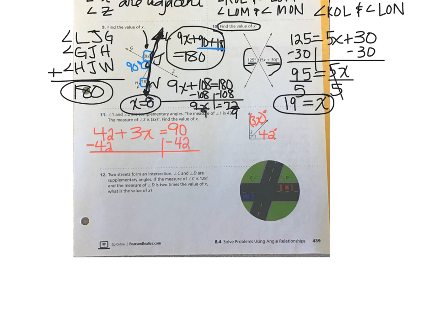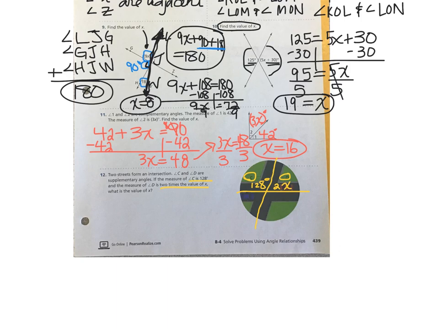So subtract 42 from both sides. 3x then must be equal to, borrow if you need to, 48. And in order to solve that, we're going to divide both sides by 3. So x equals 16.